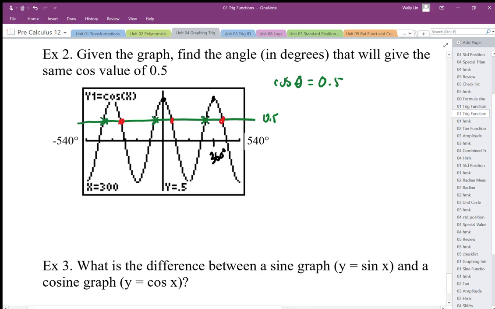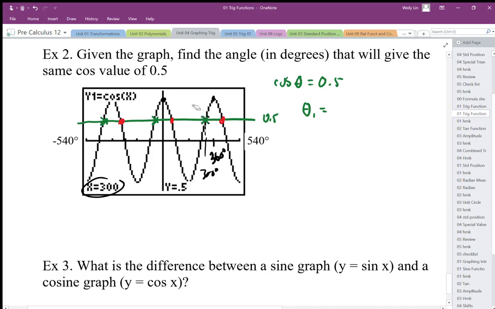So this one here, they gave it to me on my graph. The x value is 300, so that position right there is 300 degrees. Then I'm just going to go backwards 360, backwards 360, and I'm going to call those ones theta 1. So my theta 1, the first one was 300 degrees.